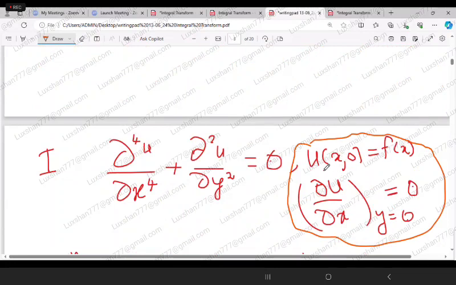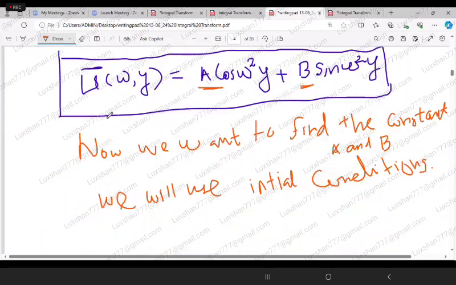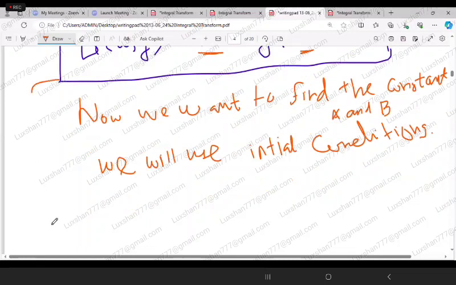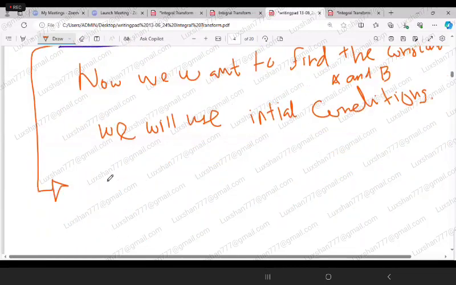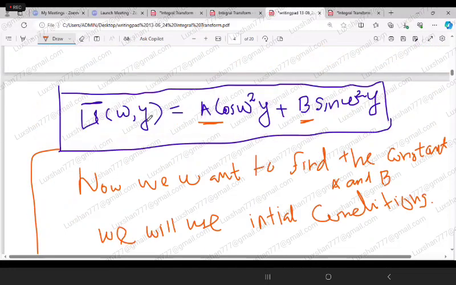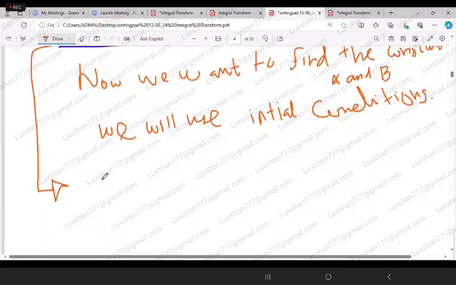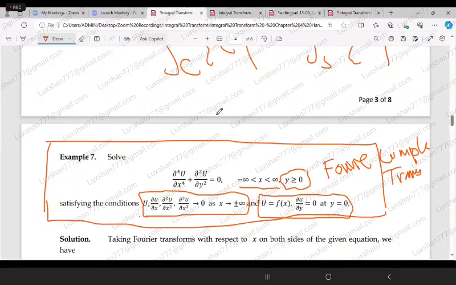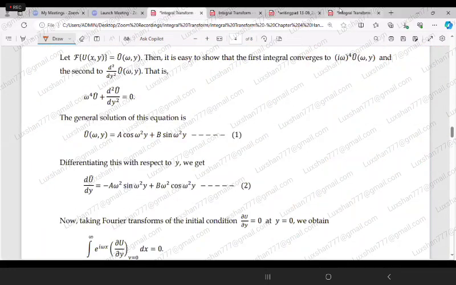Therefore, we will find the first derivative of this one. You may not understand why I am taking the first derivative; later you can understand. So we'll take the first derivative with respect to y.